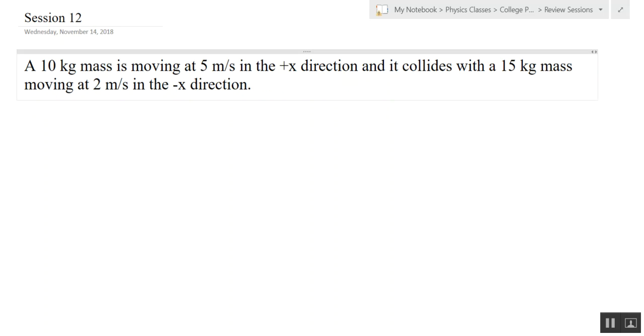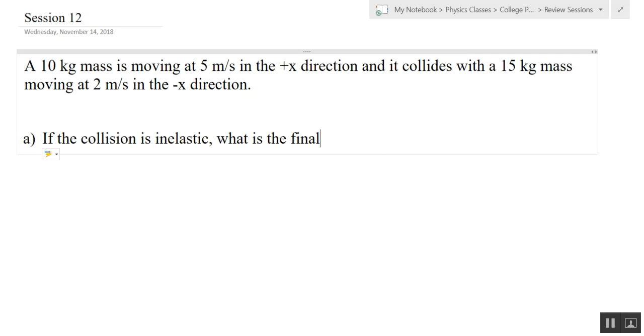All right, this is the given. So we can do both of these in the same problem. If the collision is inelastic, what is the final velocity of the 10 kilogram mass after the collision?